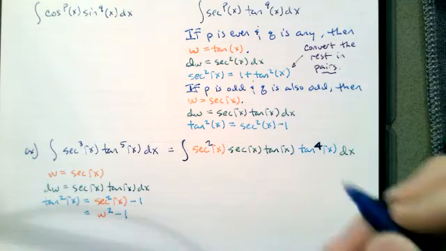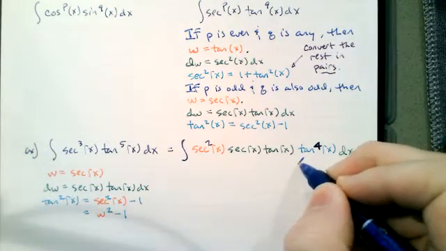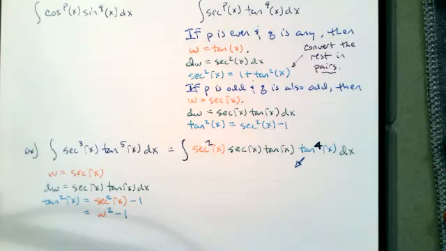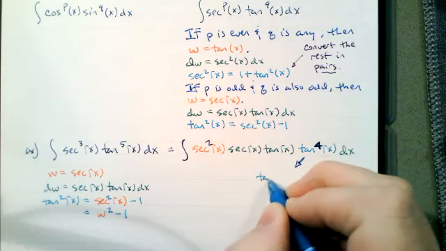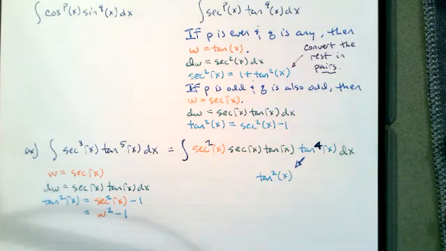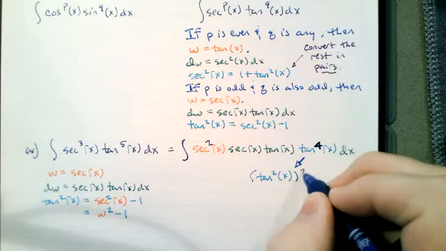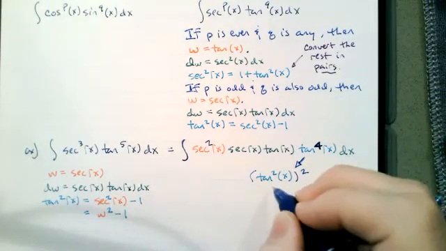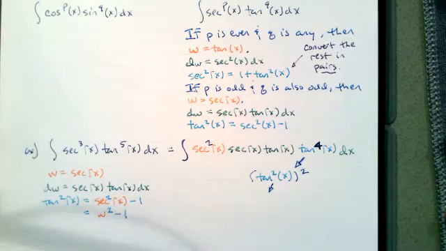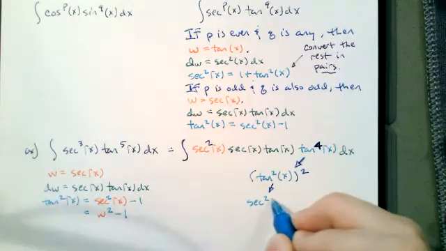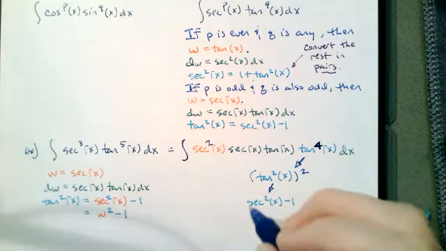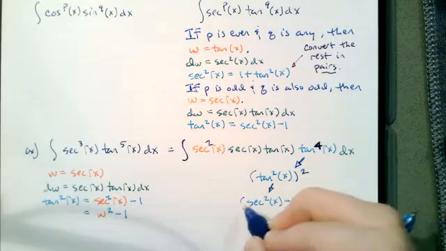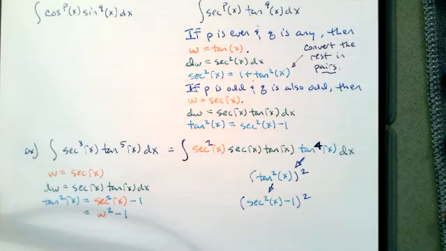So tangent to the fourth is going to be tangent squared x, all squared. And tangent squared is going to be secant squared minus 1. And this is useful because secant is what we're replacing with w.